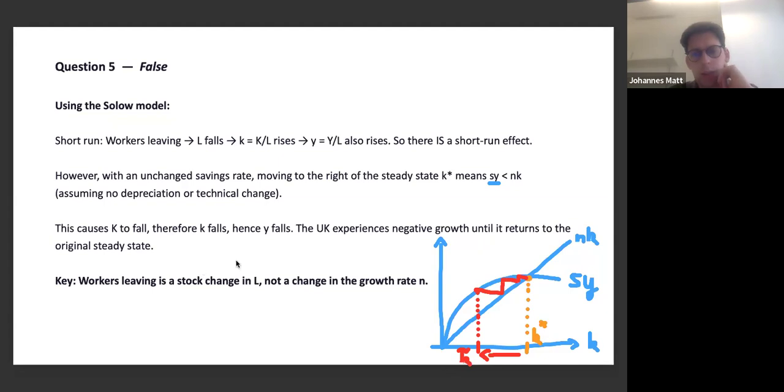Okay, so I'm going to leave that graph up for a few more minutes. There's one more question here. What if there's technological progress?